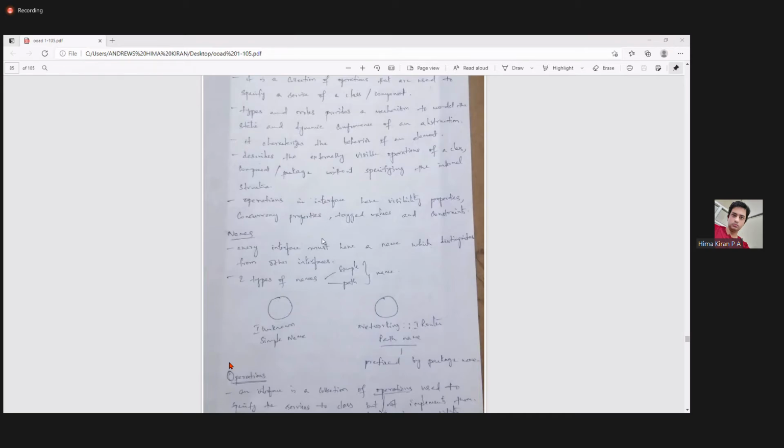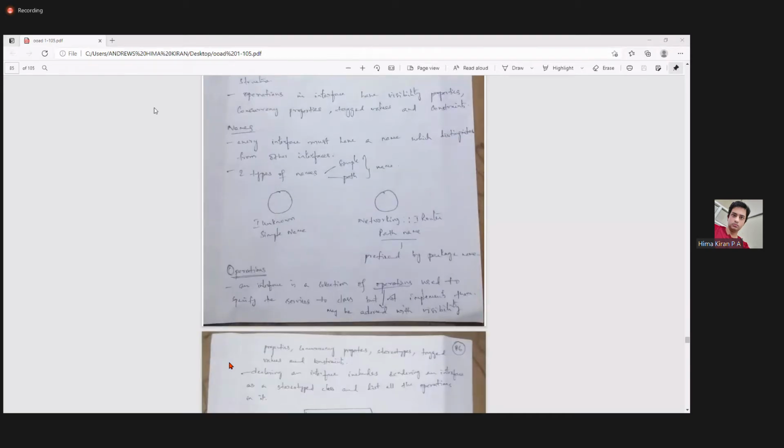Next, names, that means the names of the interface. Every interface must have a name which distinguishes it from other interfaces. In order to differentiate one interface from another, we need to name it specifically.